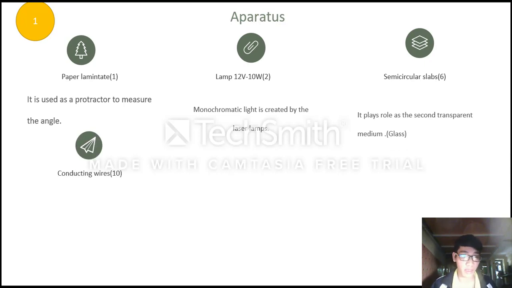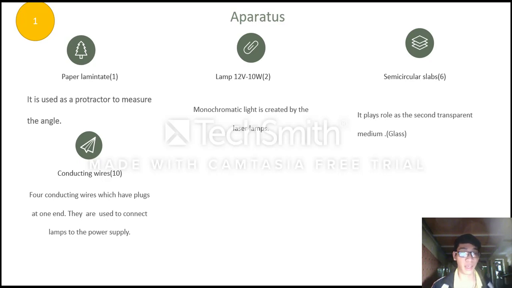And finally, the conducting wire. Why must we have a conducting wire? The conducting wire has a plug at one end, and it is used to connect the lamp to the power supply.